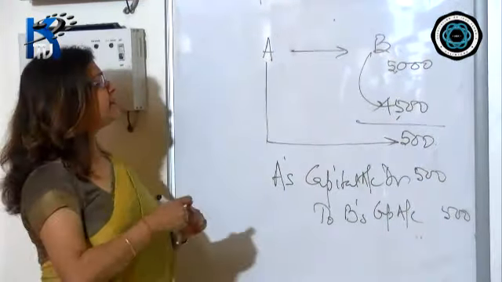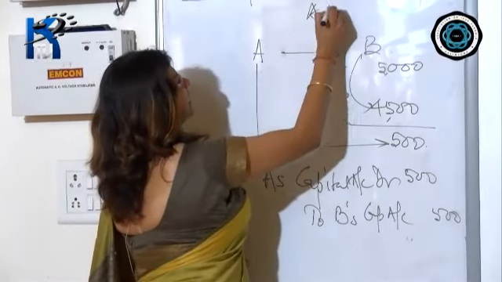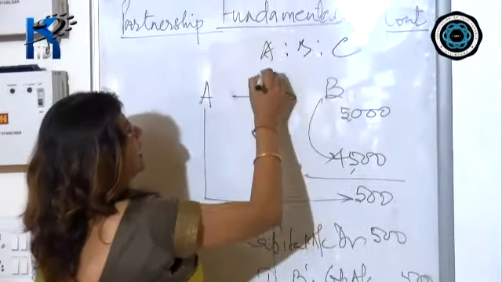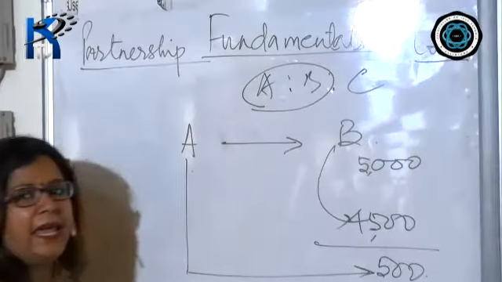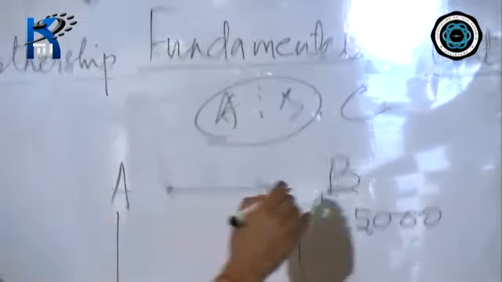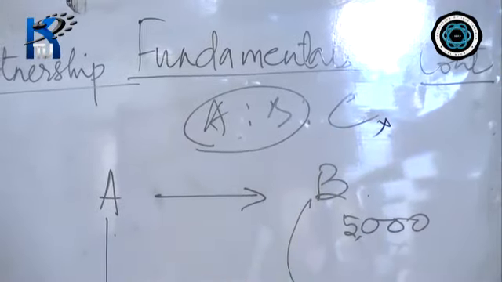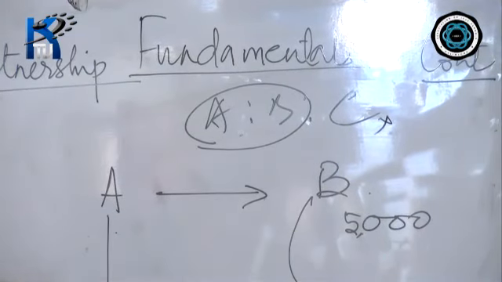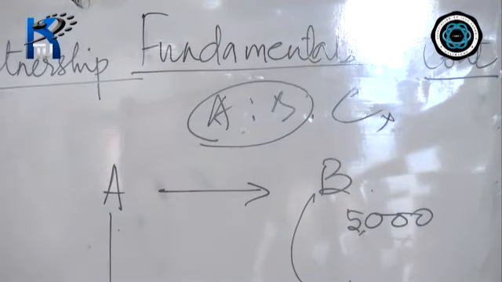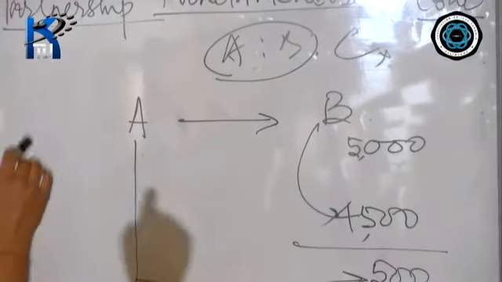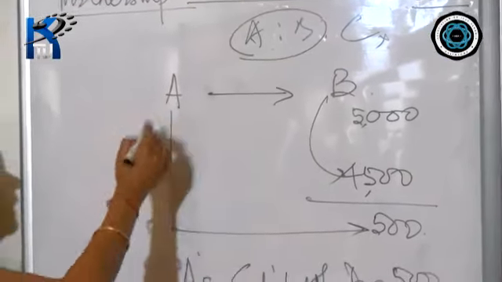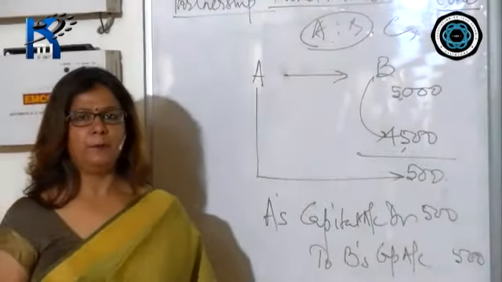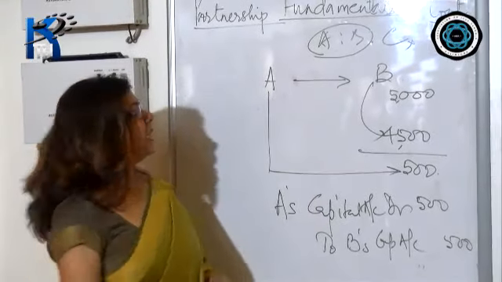Now, supposingly in the question, there were 3 partners, A, B, and C. And the guarantee was between A and B. C will not give anything from his pocket. C will stay quiet because he did not guarantee B. It was A who had guaranteed. So, if A guarantees, A will give from his pocket to B, whatever is the deficient amount.